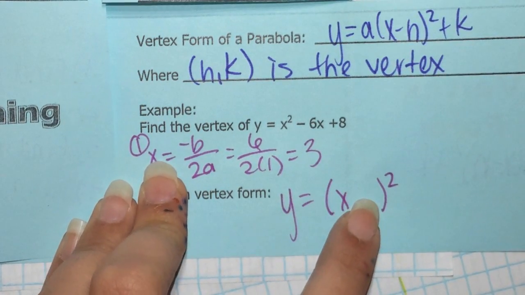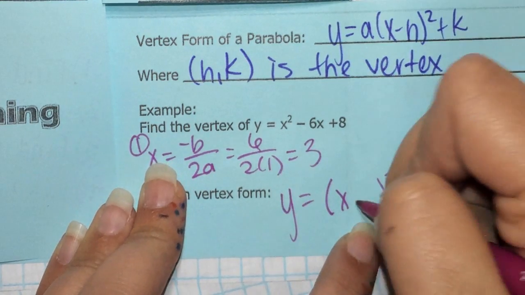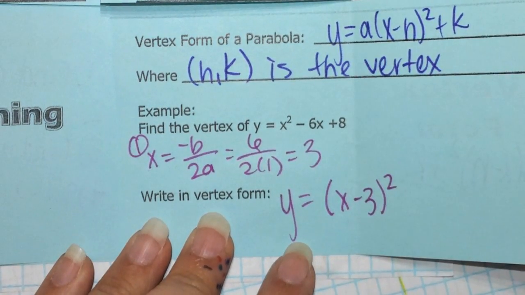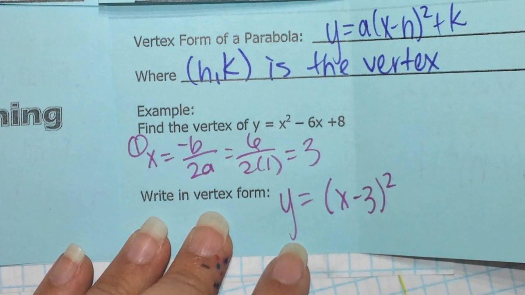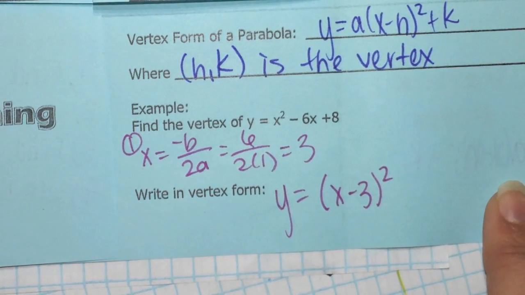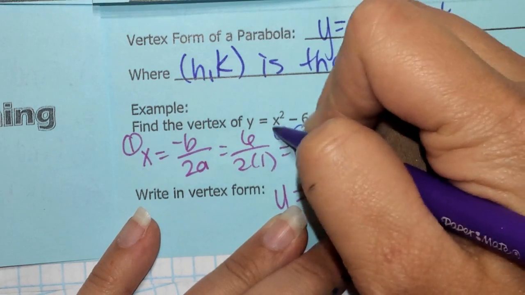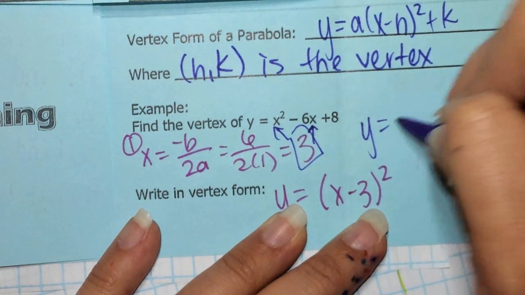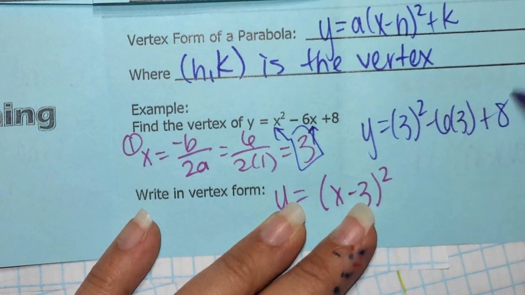And remember, it's the opposite. So if this is 3, what's going to be in here? Negative 3. Then what do you do with this 3? You plug it into your formula to get your y. So y equals 3 squared minus 6 times 3 plus 8.